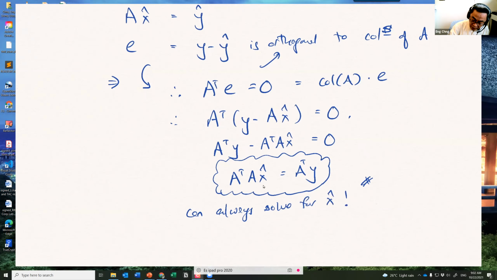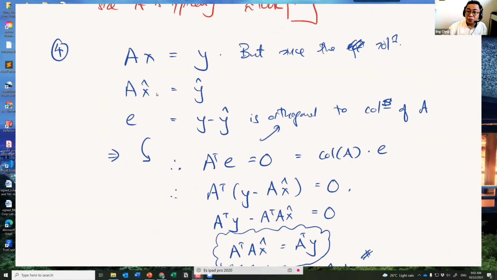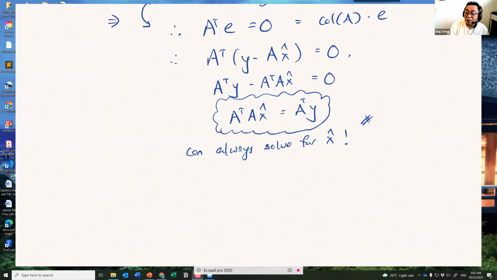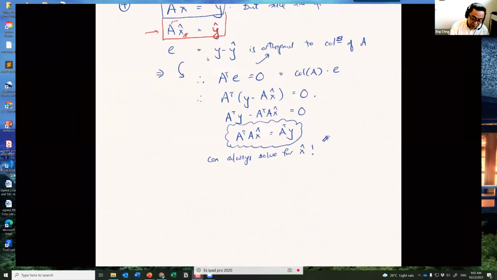But remember, x hat is not the solution of A x equals y. That is what we wanted, but what we could best possibly achieve was only this. This x hat multiplying the columns of A will give us y hat. This is what we have finally achieved: we have gotten y hat, not y. But we are happy with y hat because y hat is closest to y.